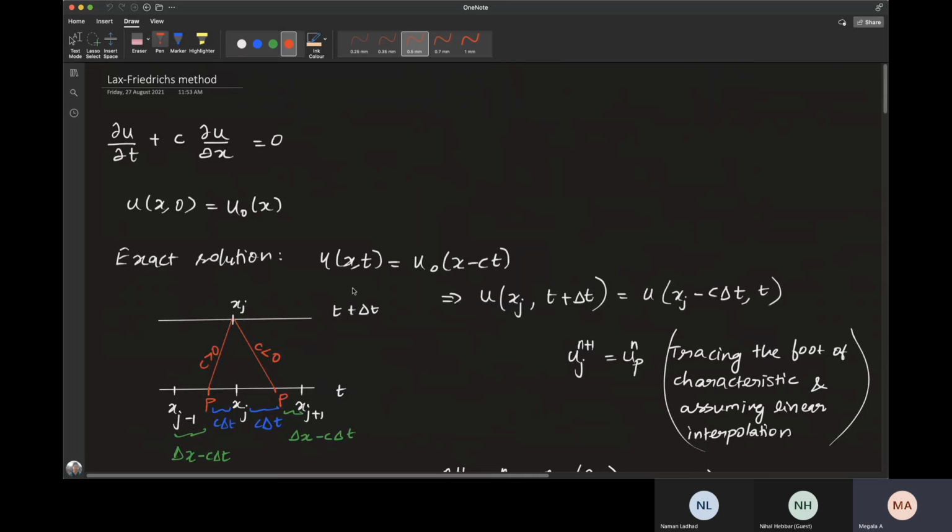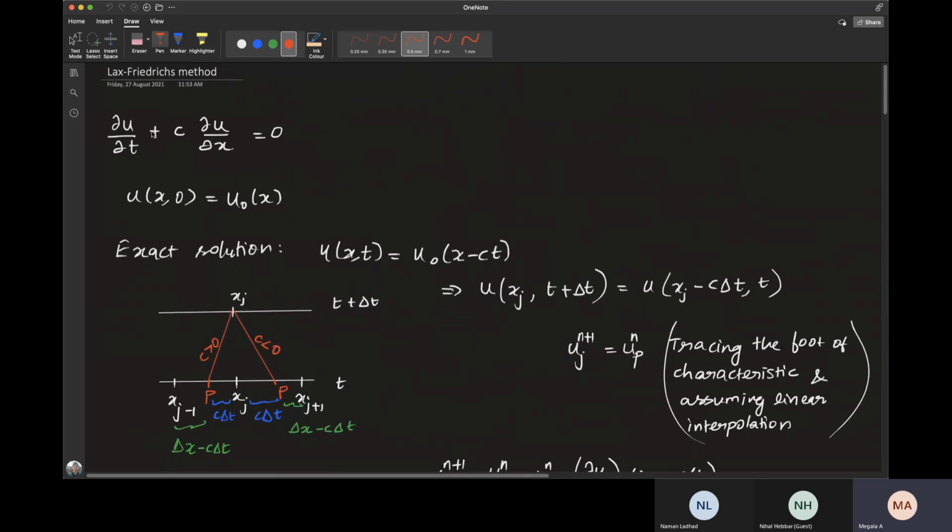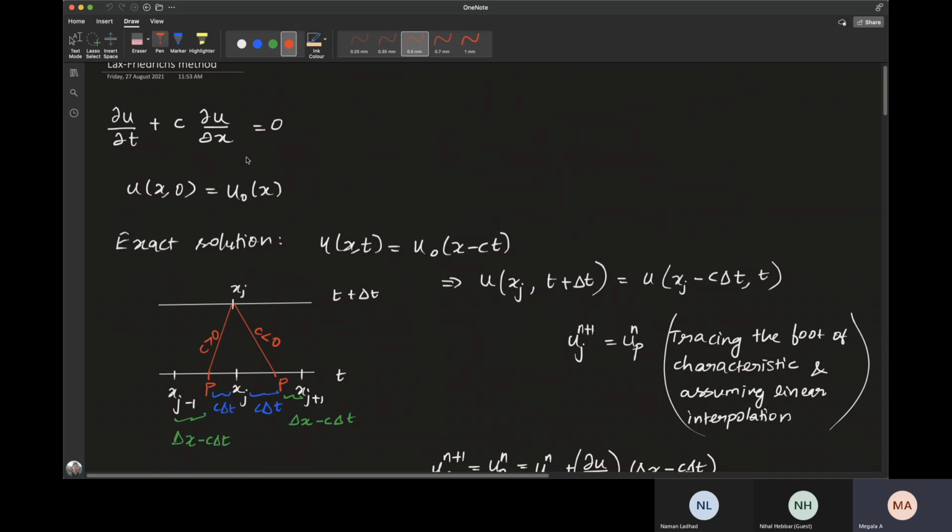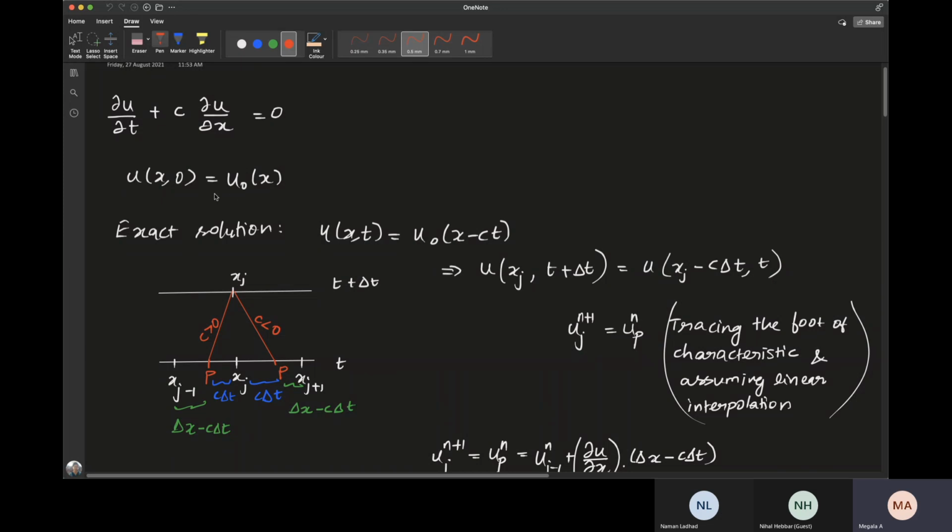So here consider this linear convection equation, dou u by dou t plus c dou u by dou x equals 0, with the initial condition u of x comma 0 equals u naught of x. We have seen earlier, when we were doing PDEs, that the exact solution for this problem is just a traveling wave solution.